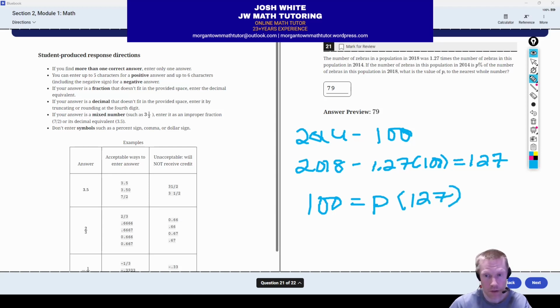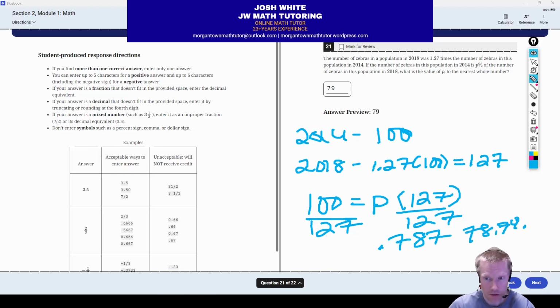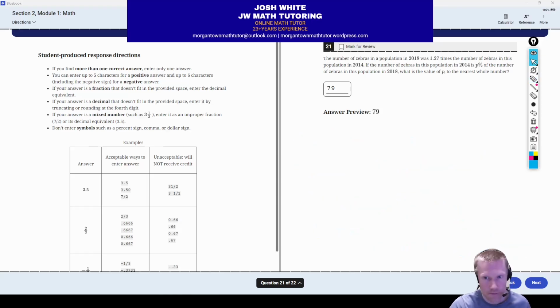So the way you solve this for p is you divide both sides by 127. So again, I get the same value that I got the first way I did it. 100 divided by 127 is 0.787 or 78.7%. But again, rounded to the nearest whole number, it's 79%. So this is how you could do it with actual numbers. The strategy is picking numbers, and just get it that way.